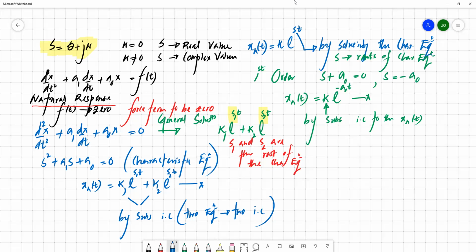Okay, now for the first case, it's very simple. We have two real and distinct roots, so you have s1 and s2 separately. Those are real. So we can easily get the response for this first scenario, where zeta is greater than 1, the overdamping scenario.